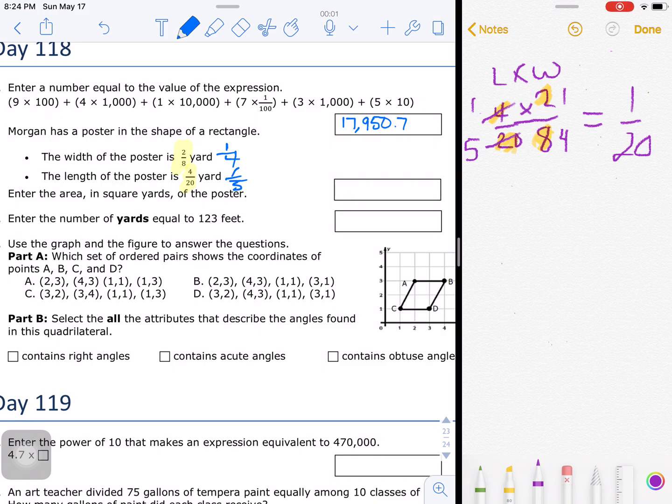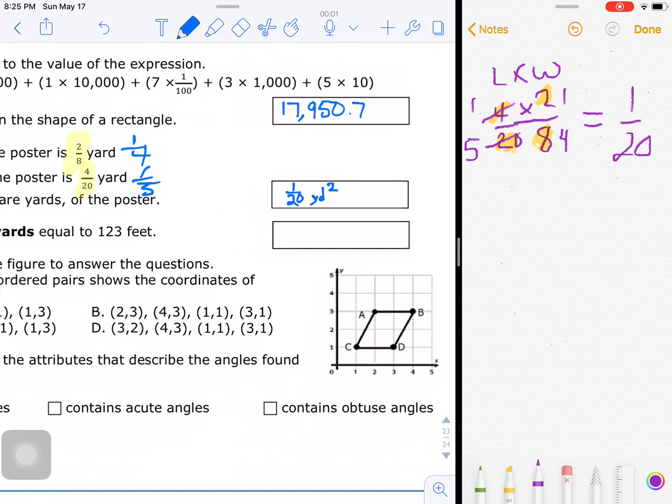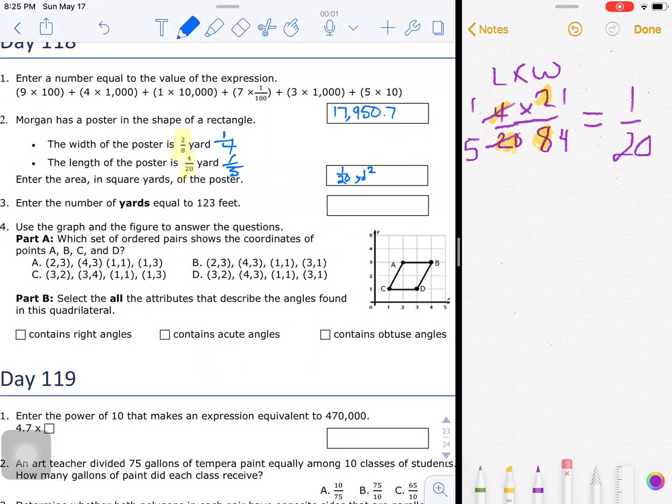So there's more than one way of approaching things, and maybe you can find another. 1/20 yards. And remember, it's area, so we have to label appropriately.